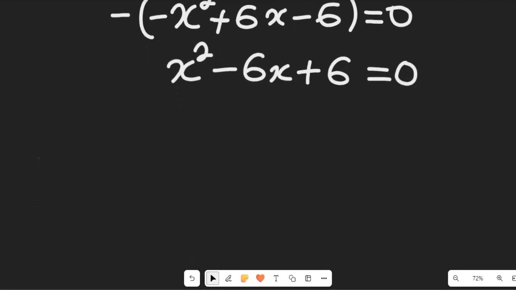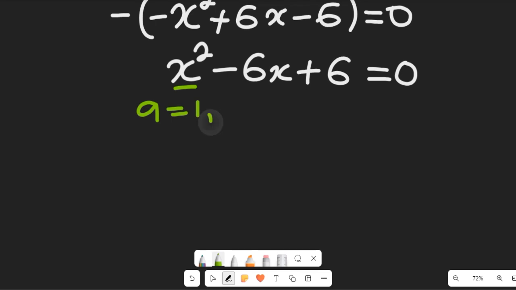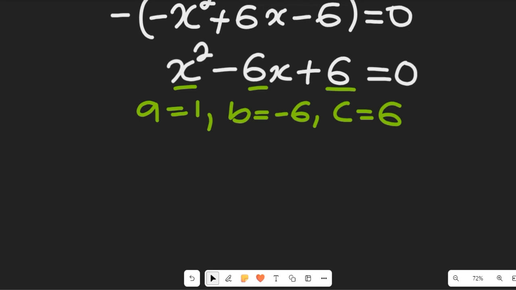So with this, we can solve using the quadratic formula. Now from the quadratic formula, a will be equal to 1, b will be equal to negative 6, and c will be equal to 6. So we are going to apply the quadratic formula.